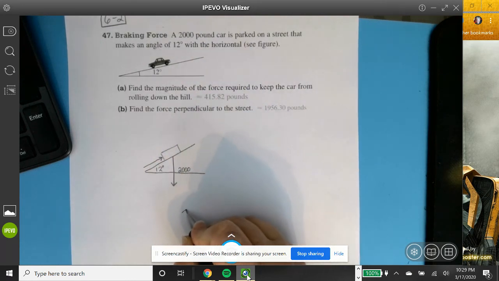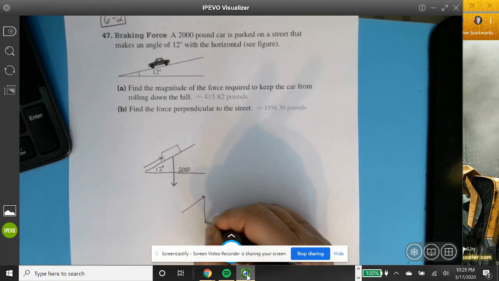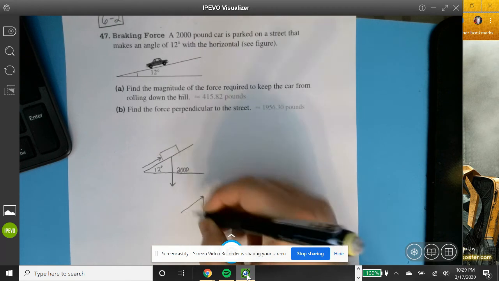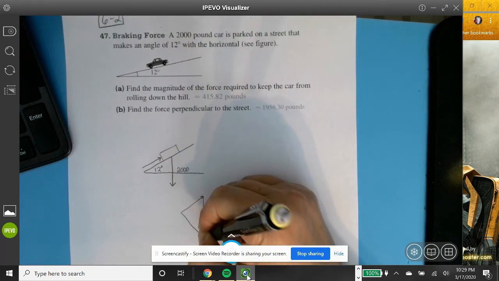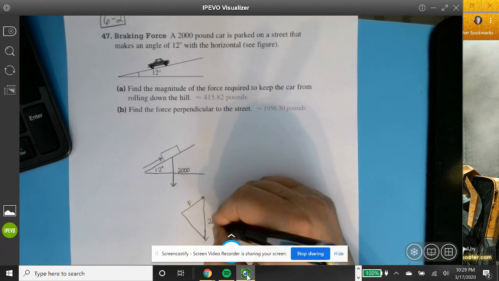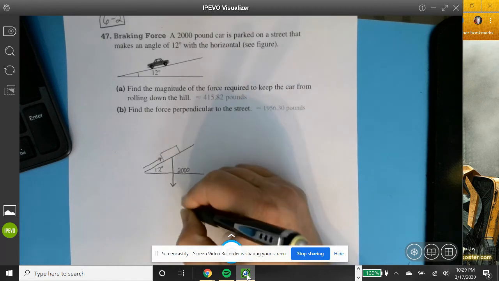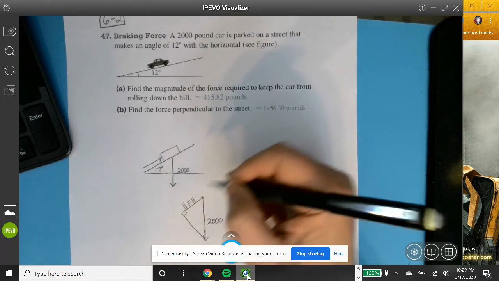Here's my first vector, and then here's my 2,000, which is straight down. And then I'm going to drop a perpendicular. This is the force that I want to know. And this is 2,000. Now that's a magnitude. And this is a right angle.